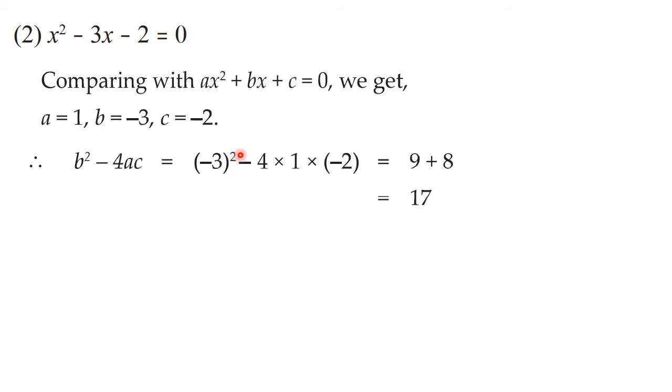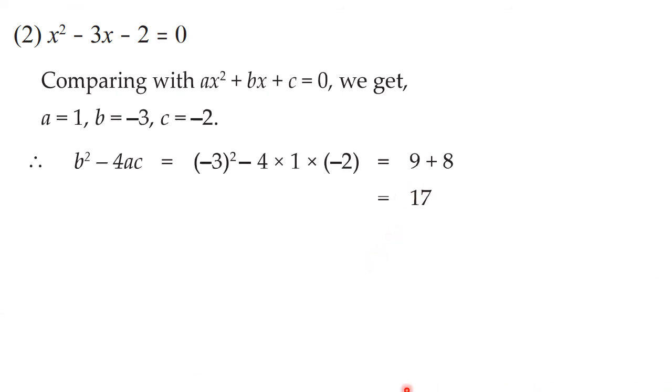So (minus 3) square is plus 9. You know that a square is never negative. And here minus 4 into 1 into minus 2, minus into minus you are going to get plus. So 9 plus 8 is equal to 17. See, again we got a positive value here.